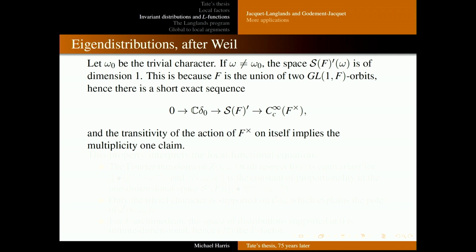The transitivity of the action on itself implies the multiplicity 1 claim. This one here, omega 0 acts, but no other omega appears here.